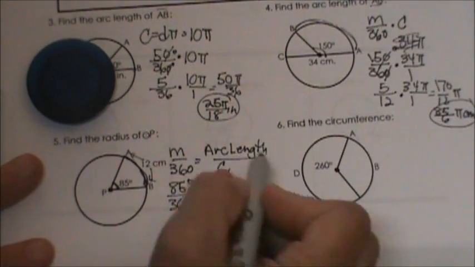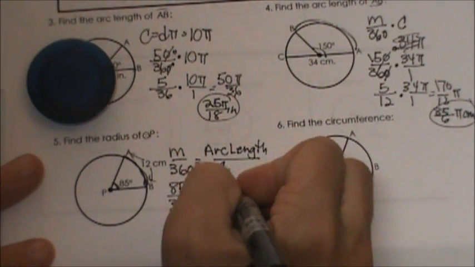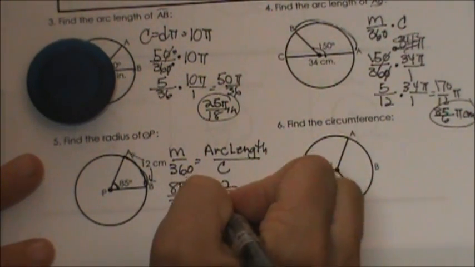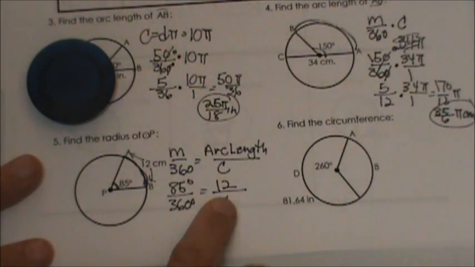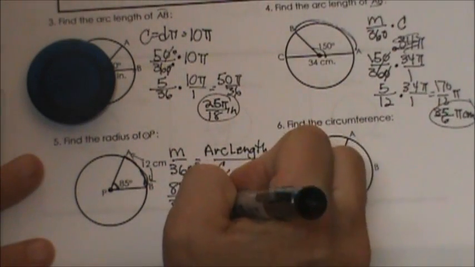So what I'm going to do is I'm going to plug a 12 in for arc length, and I'm going to solve for C. Okay? Now, C, you can leave a C in there and then go back and find d pi, or we can use a d pi, or we can use 2 pi r, because circumference is any of those. For right now, I'm just going to use d pi because it's my favorite.